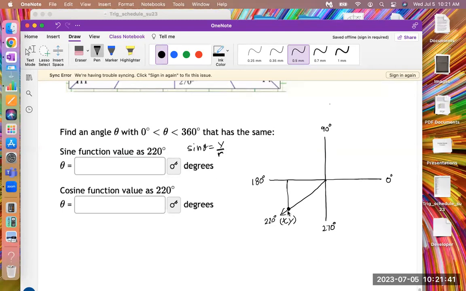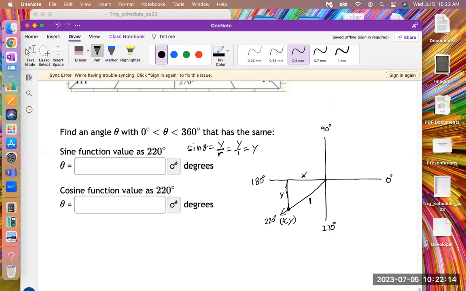Now, if we think about this point being on a unit circle, that means this side of the triangle is 1, then notice how the sine function is just y over 1, or just y. So it's just this height here, this distance would be y, the y value of this point (x, y), and then this would be your x value.